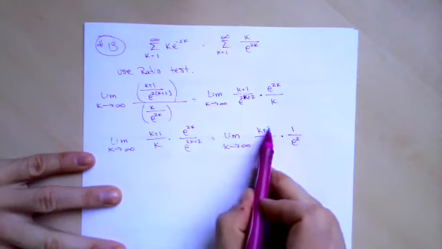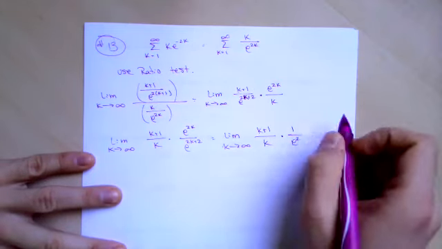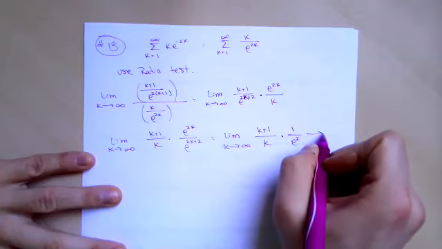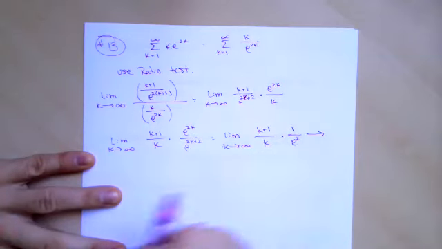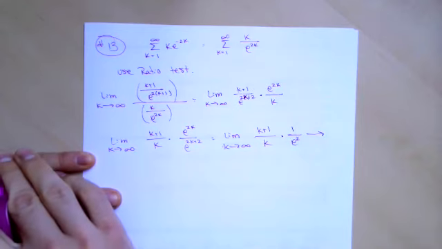Now when I compute the limit of this, the polynomial part will go to 1, and then the exponential term will dominate there.